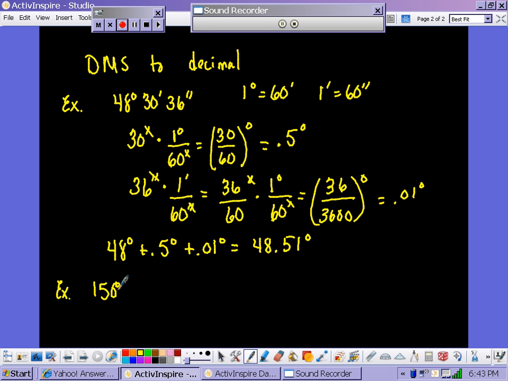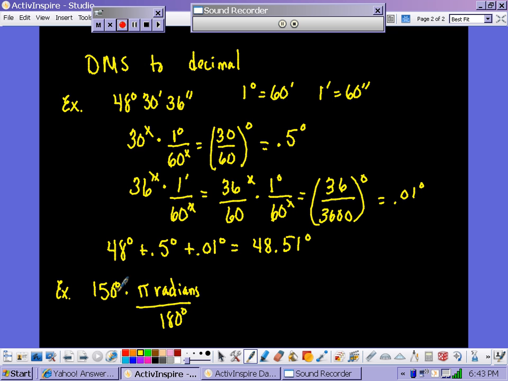Now, remember we said converting from degrees to radians, we would have to use the conversion factor pi radians over 180 degrees. So we're going to take our 150 degrees and multiply it by pi radians over 180 degrees.